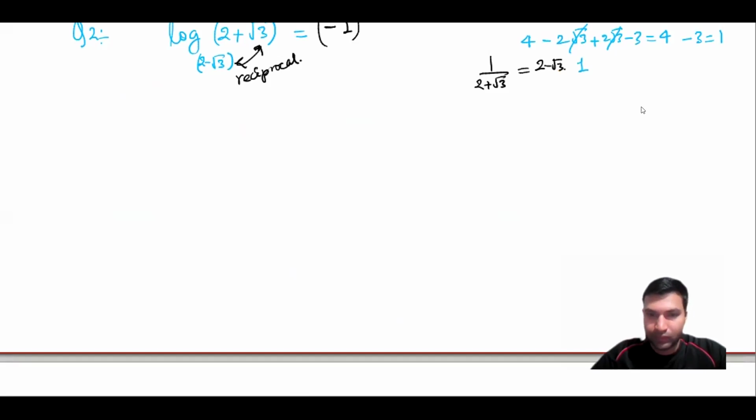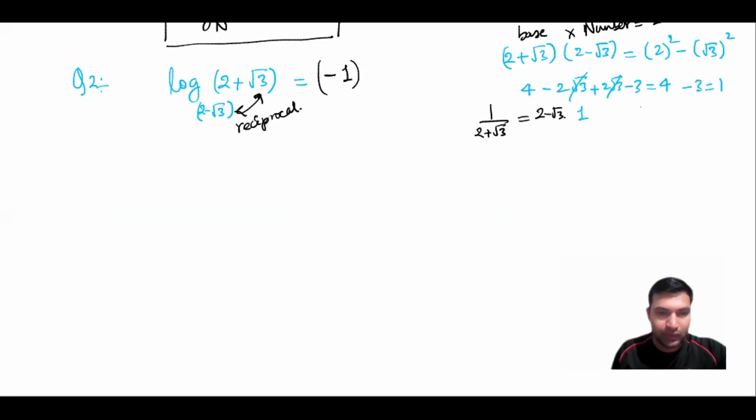Okay, now let's understand the different cases here. Let's suppose, important note, we take log of 1 to the base 2. What power of 2 will give us 1? The answer is 0. 2 to the power 0 is 1. If I have log 1 to base 100, 100 to the power 0 is 1, so the answer is 0, isn't it?